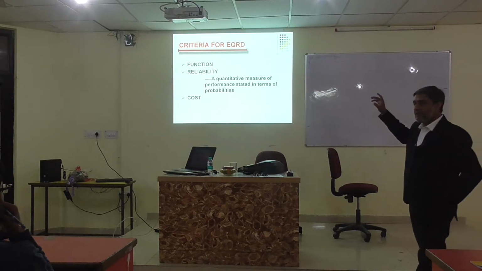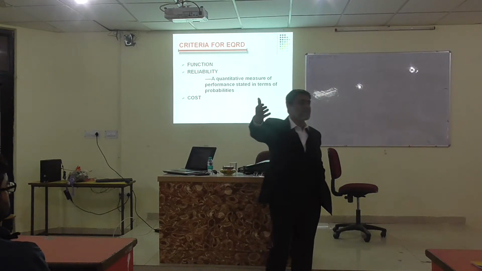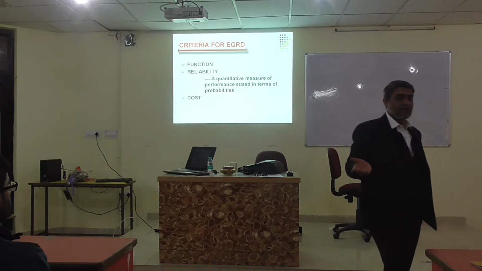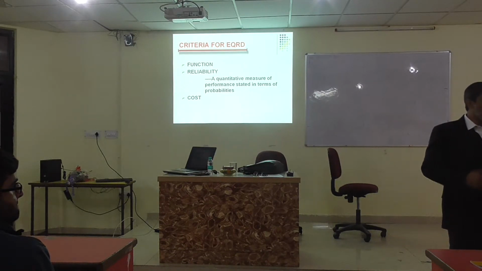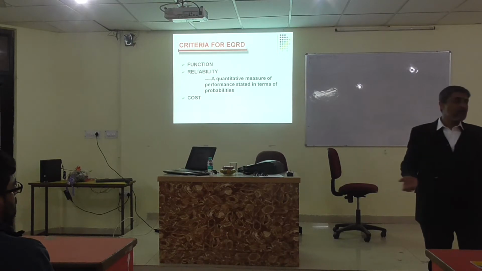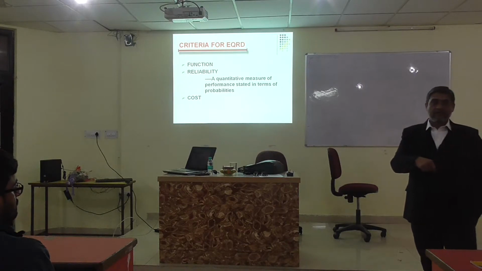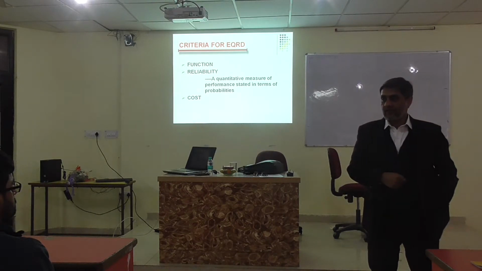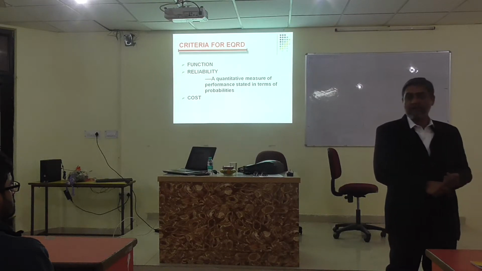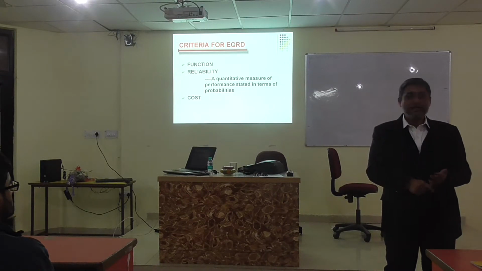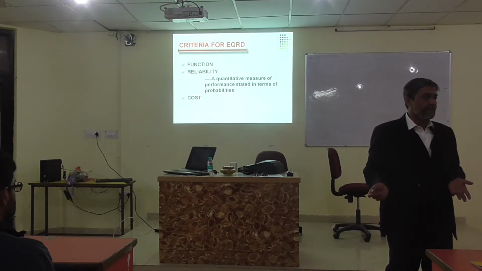So if you want a structure whose reliability should be 100% in any kind of earthquake, cost will be very high. And if you are in a position to pay it, definitely you will go for it. In that kind of a structure, we have to provide whatever may be the cost of this construction. In nuclear power station, we cannot compromise. In dams, we cannot compromise. Whatever may be the cost.